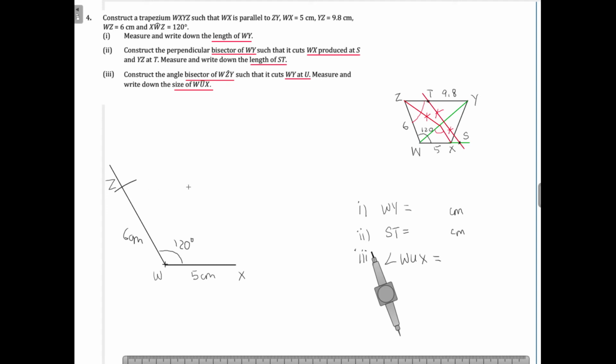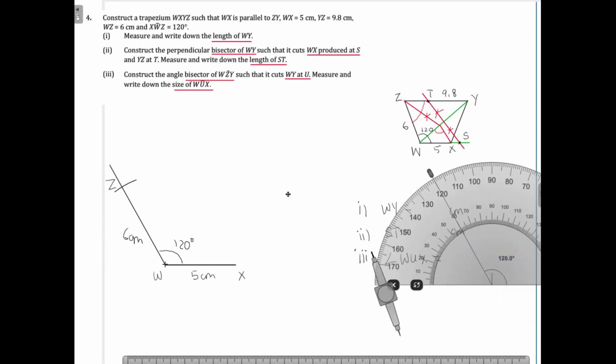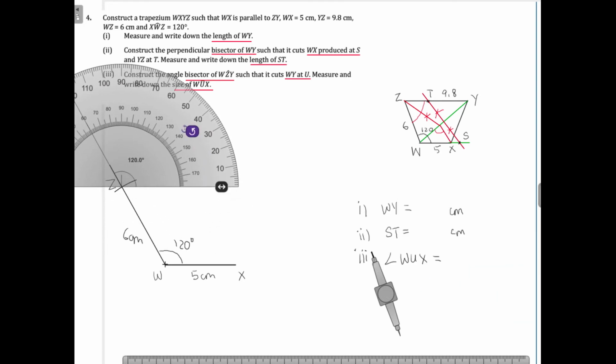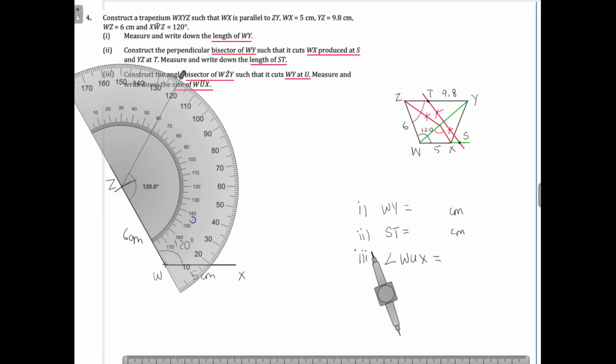So we measure an angle of 60 at Z. Let's draw a longer line because we don't know where it ends.